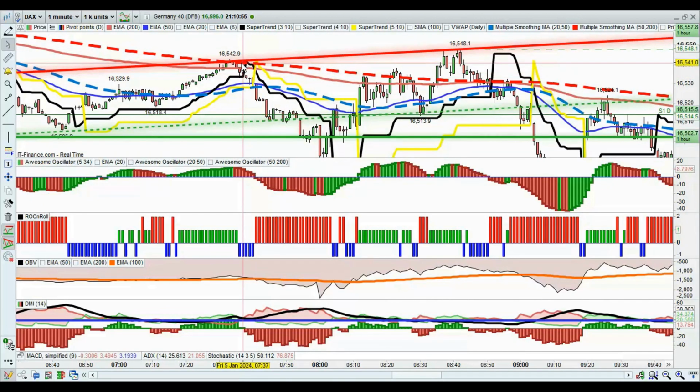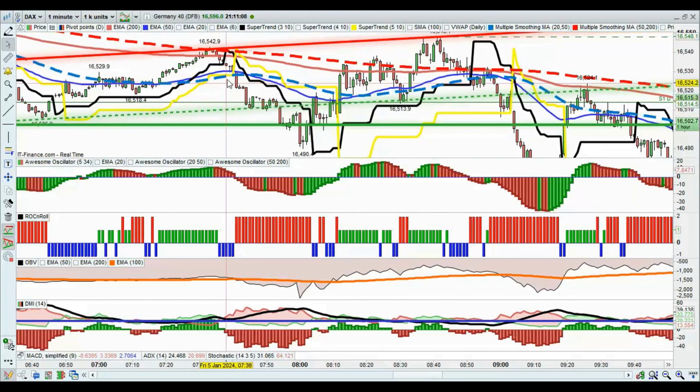It's below the 50-200, so we're looking for this to continue its descent. And what do we see happen next? It comes down through the yellow line here, Supertrend 510, and the 50-200 blue dotted line, the smoothing average. So nice little trade here.